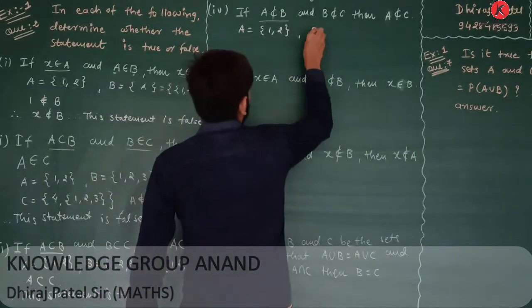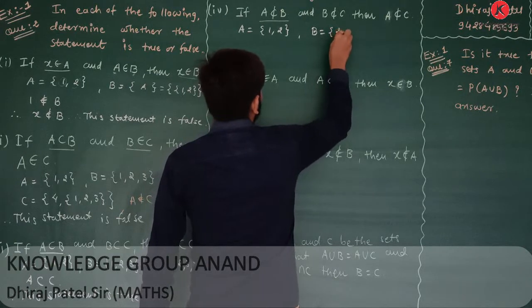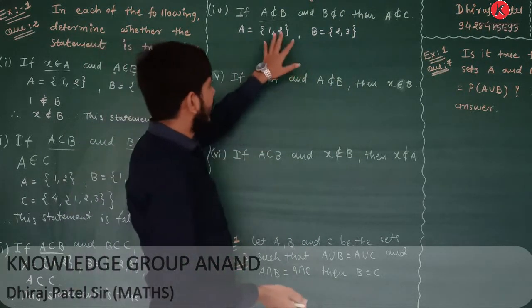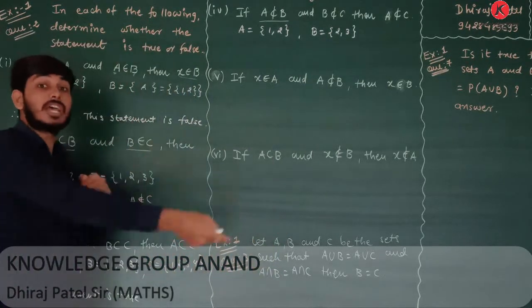Now taking set B which is equal to {2, 3}. I took {2, 3}, not {1, 2, 3}, because if you take {1, 2, 3} then A is a subset of B.